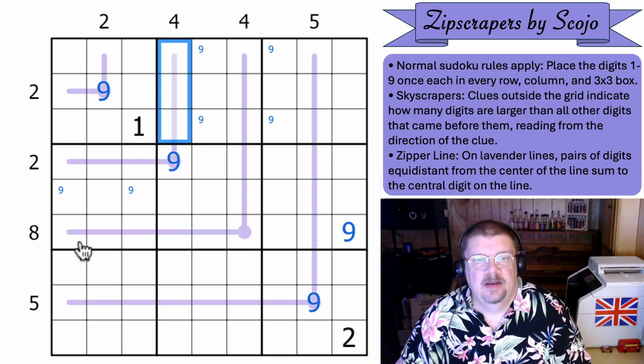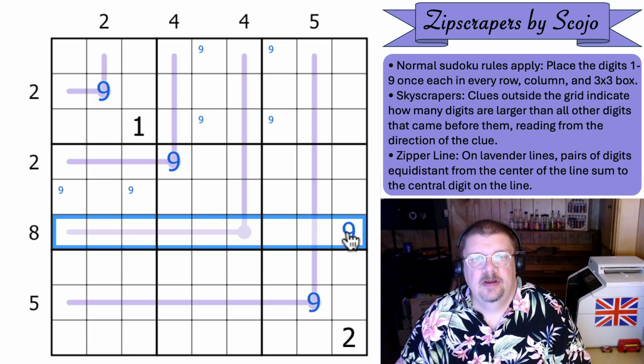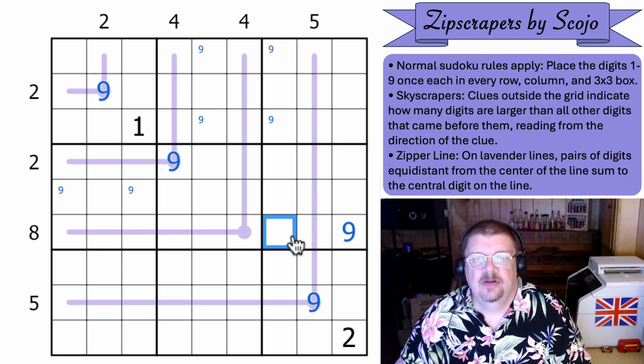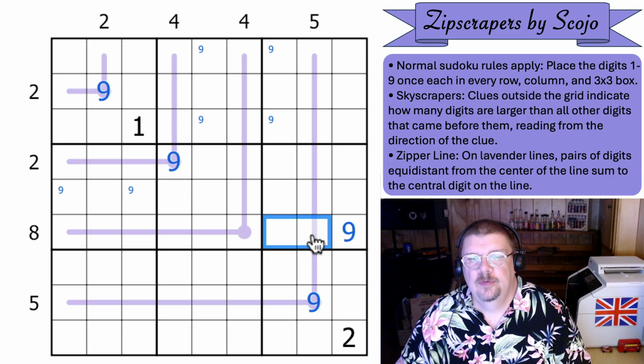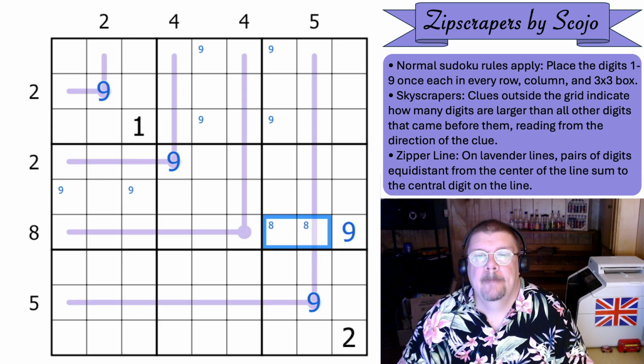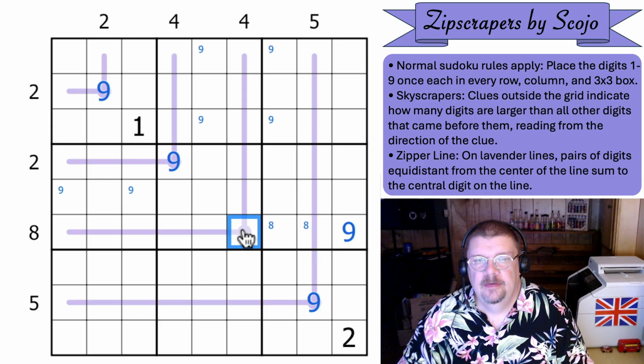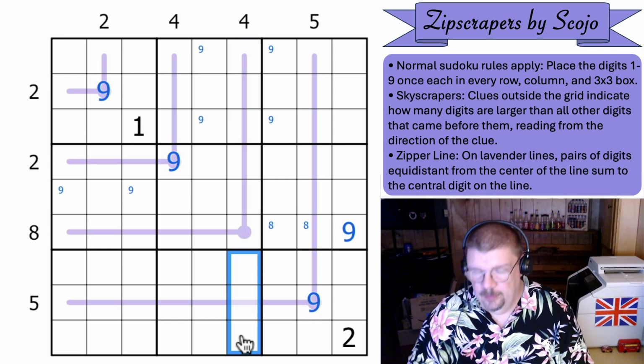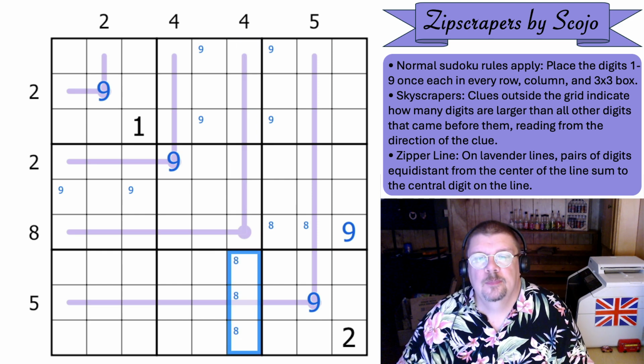Okay, 8 in this row I think is interesting. 8 can't go there because I'll have 2 hidden digits and the clue would have had to be a 7 at the most. So 8 is in one of those 2. And now 8 is not here. It can't be in any of those, so 8 must be in one of those 3.